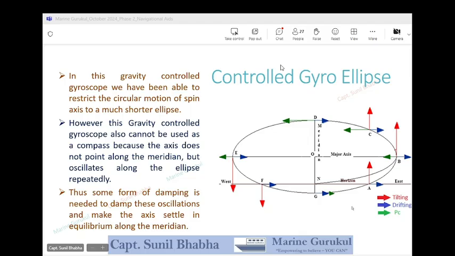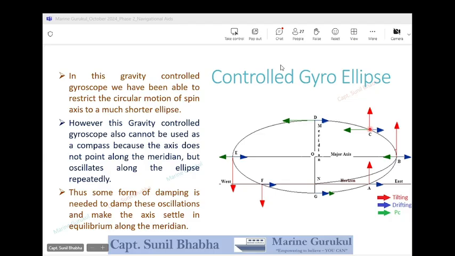We have understood the elliptical motion now. Now the beauty of this elliptical motion is that when the spin axis is oscillating on this elliptical path, at any particular point, let us say the spin axis was at point Charlie, you try to disturb the spin axis.